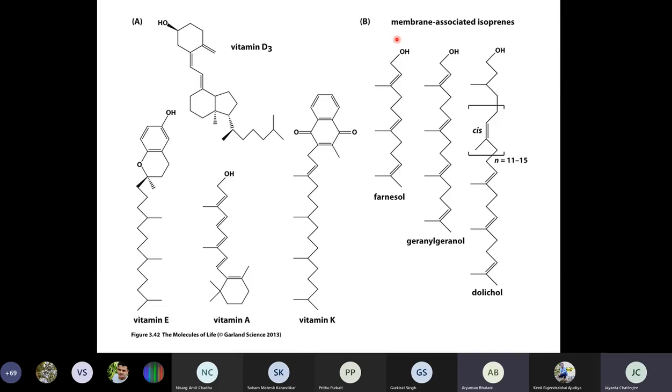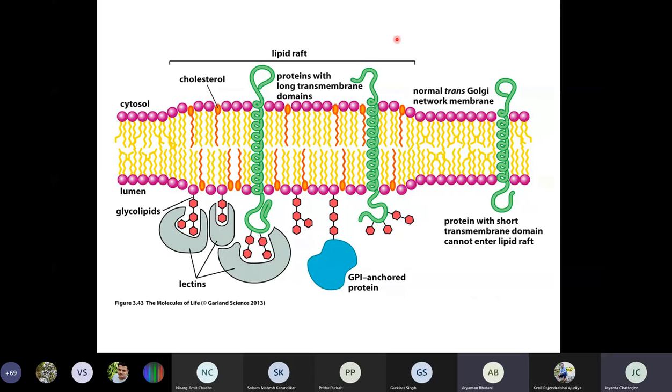Sir, when you showed the lipid raft, that part of the bilayer was very ordered, whereas the other parts showed very disordered lipid tails. Why is that so? I believe it's because of the cholesterol. Cholesterol is composed of the perhydrocyclopentanophenanthrene ring, right?